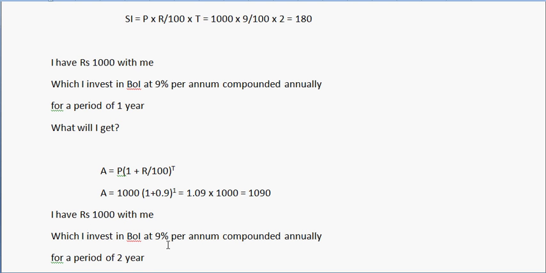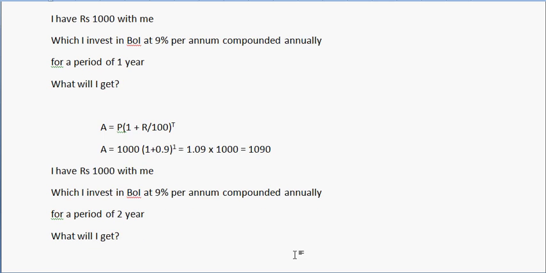Here again I invested 1000 with Bank of India at 9% compounded annually for a period of 2 years. What will I get?